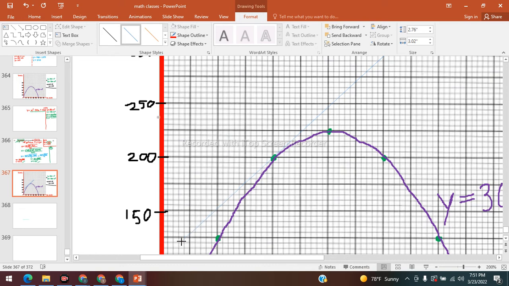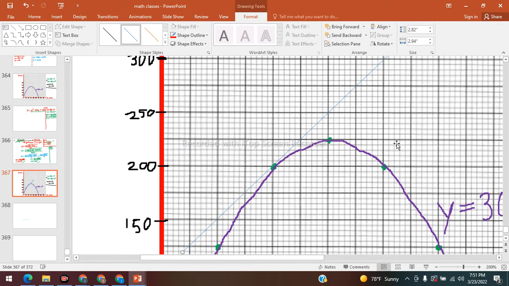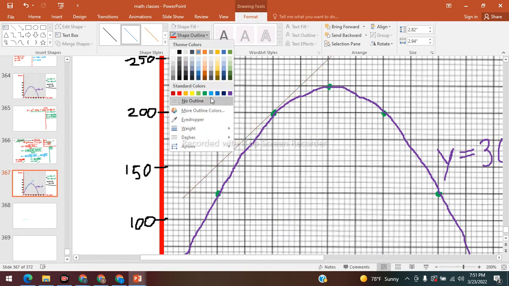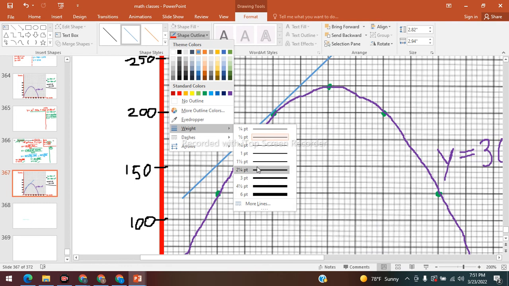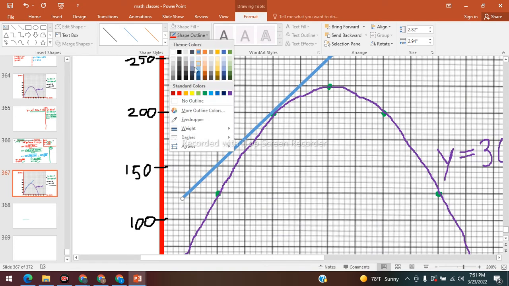Why exactly? Say it again. Why that way? I understand you're trying to do a tangent line, but I'm trying to figure out why you put it there.